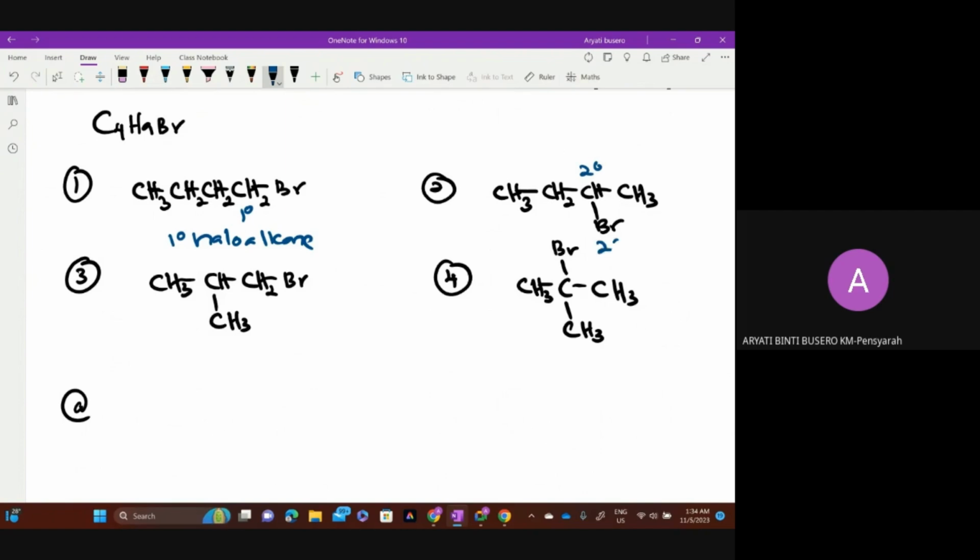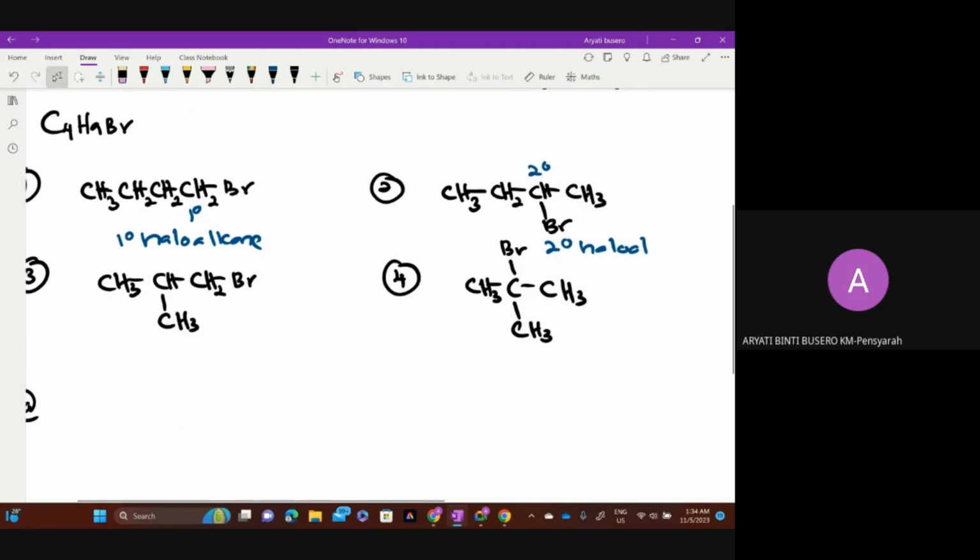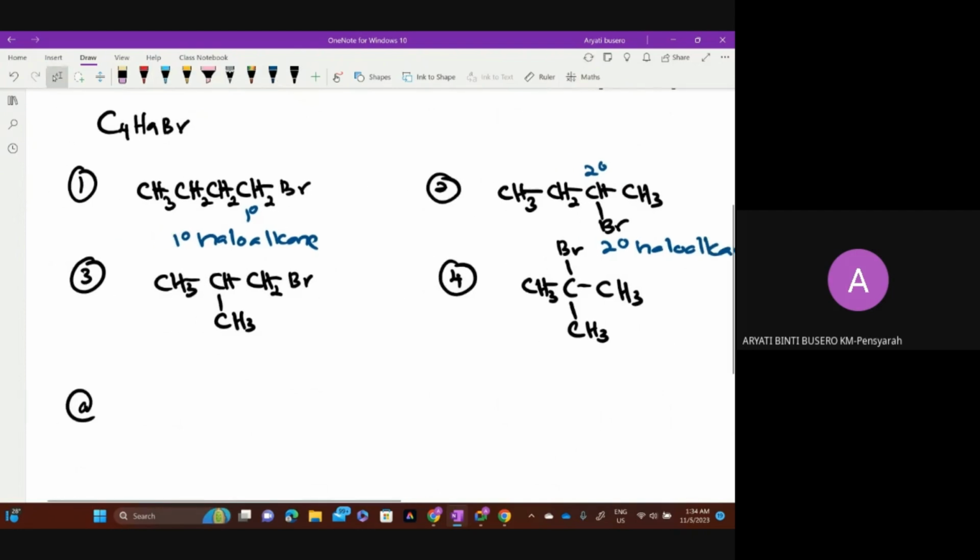Ini adalah secondary haloalkane. Okay, Br attached to this carbon. This carbon is primary carbon. So ini adalah juga primary haloalkane. Okay, so number 4, Br attached to this carbon. This carbon is tertiary carbon. So ini adalah tertiary haloalkane.